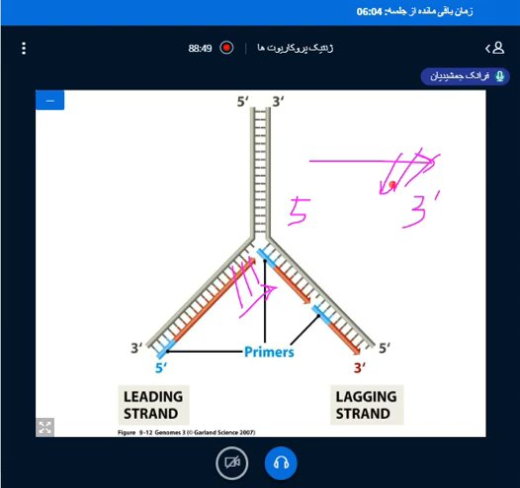How? By 3' to 5' exonuclease activity. Remove from 3', put the right nucleotide. Okay, Fatima? Thank you so much.